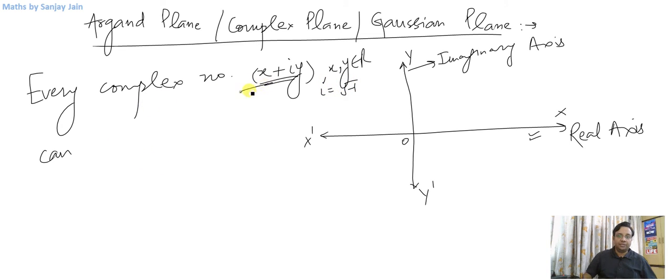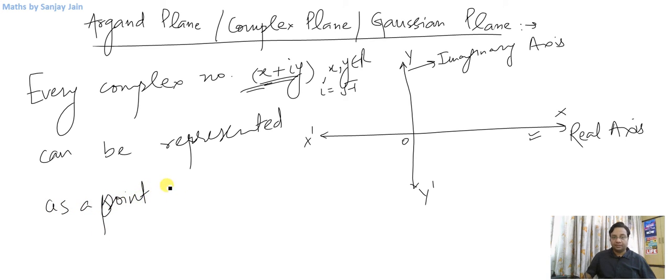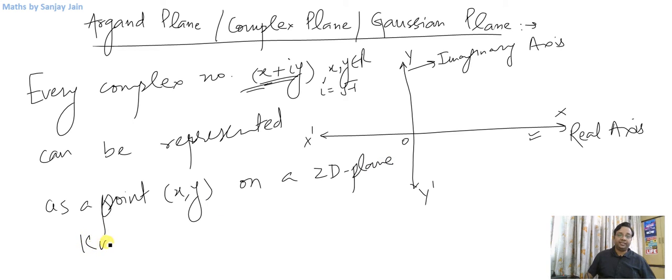Now this complex number can be represented as a point x comma y on a 2D plane known as complex plane, right?